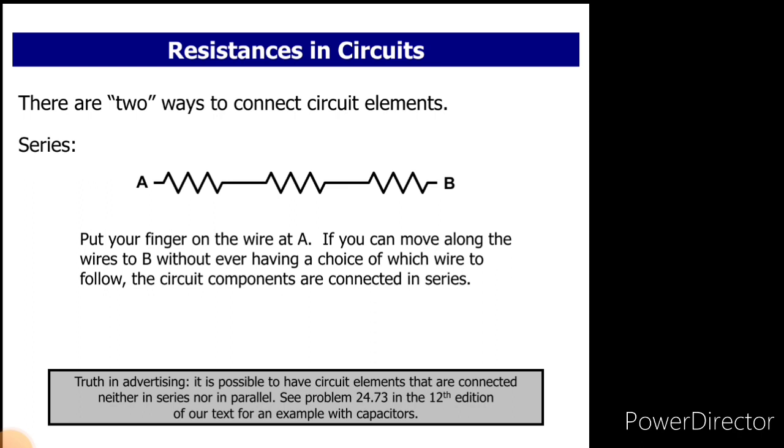Okay? So, resistances in circuits. There are two ways to connect circuit elements. We have the first one, yung tinatawag nating series connection. So, what is a series connection at paano mo malalaman na series ang isang circuit? So, we have here 2 points.